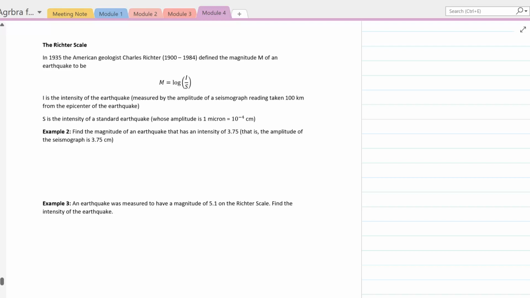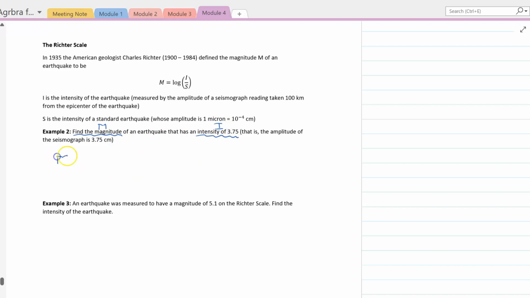Find the magnitude of an earthquake that has an intensity of 3.75, that is, the amplitude of the seismograph is 3.75 centimeters. Here we want to find the magnitude M, and we are given the intensity.